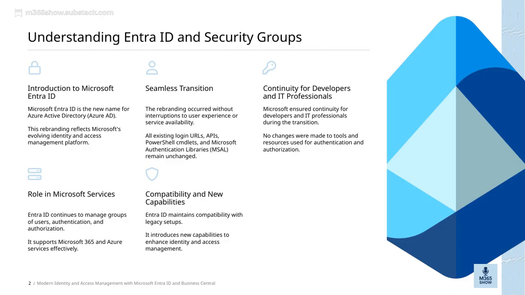All existing login URLs, APIs, PowerShell commands, and Microsoft Authentication Libraries, or MSAL, remain the same, making the transition smooth for everyone. In summary, Microsoft Entra ID is simply the new name for what you knew as Azure AD. This change reflects Microsoft's ongoing evolution in the identity and access management space, emphasizing a forward-looking approach.